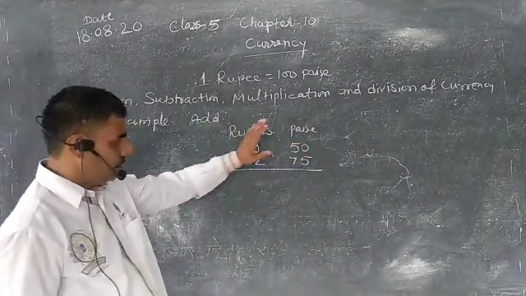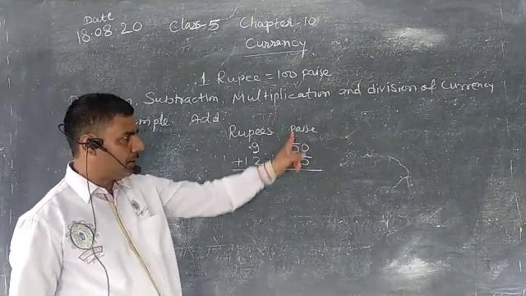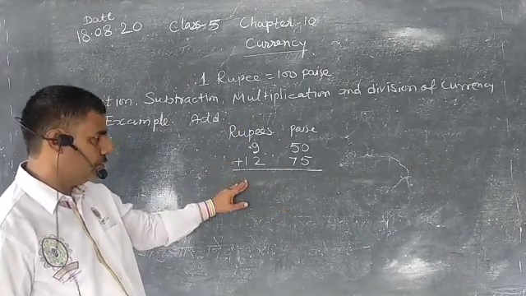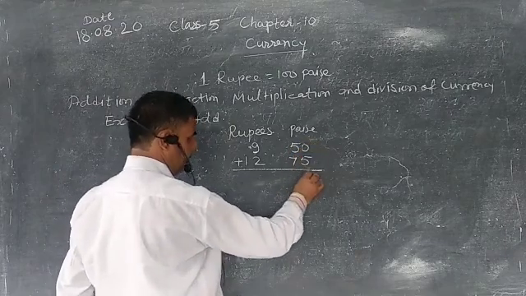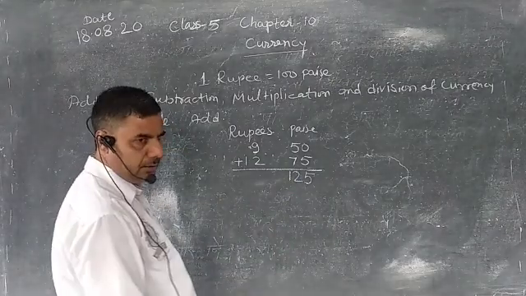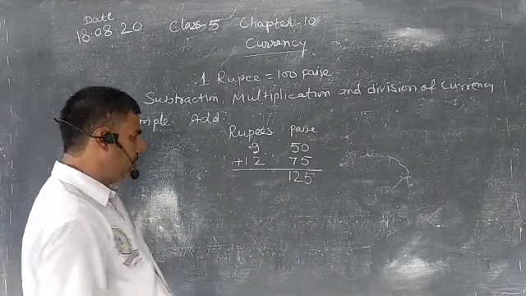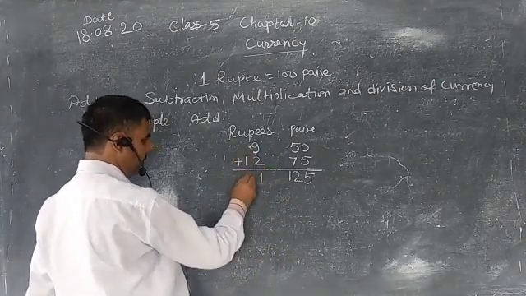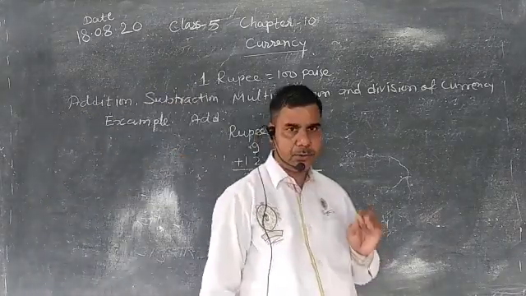Yes, we will add the column of paise and then the column of rupees. 5, 7, 5, 12. Yes, we have 125 paise in the paise column, and 9 plus 12, that is 21 rupees in the rupees column.